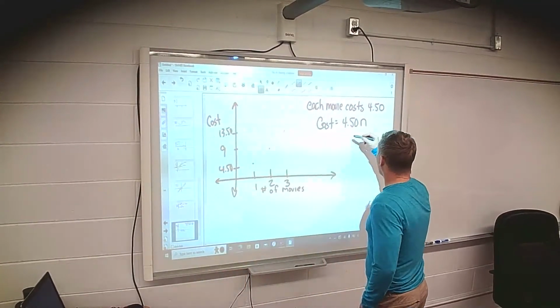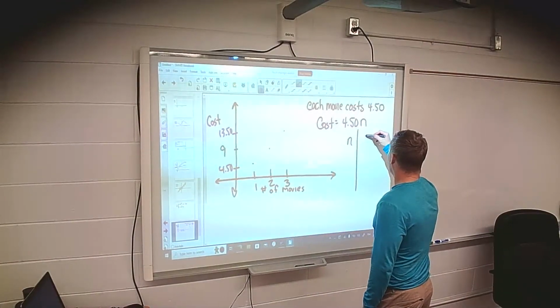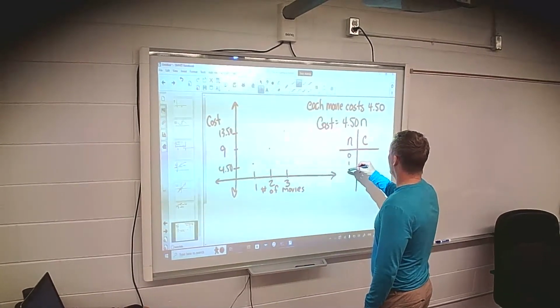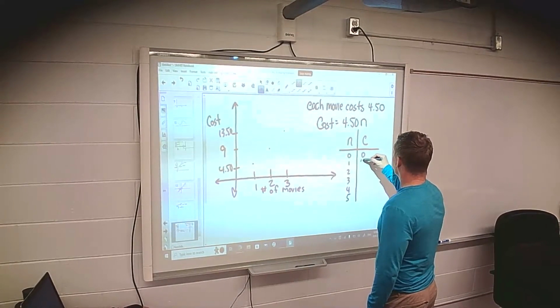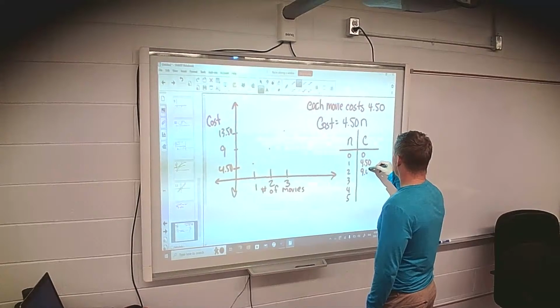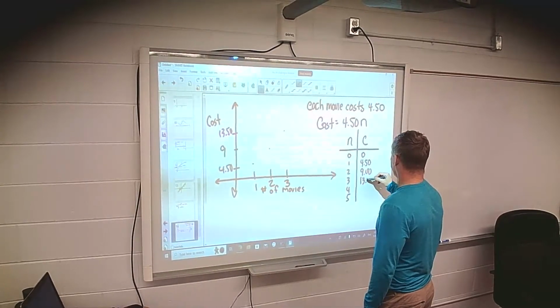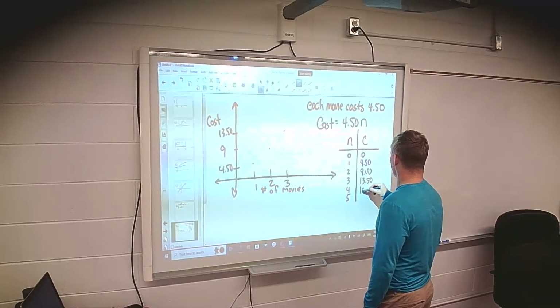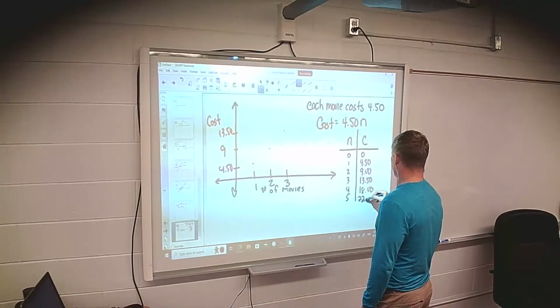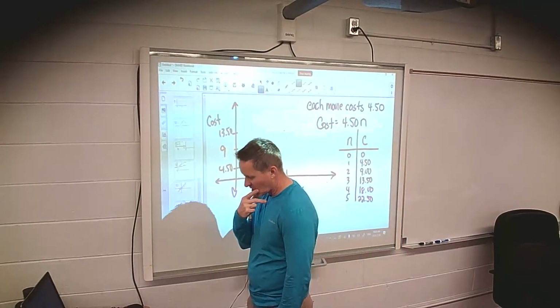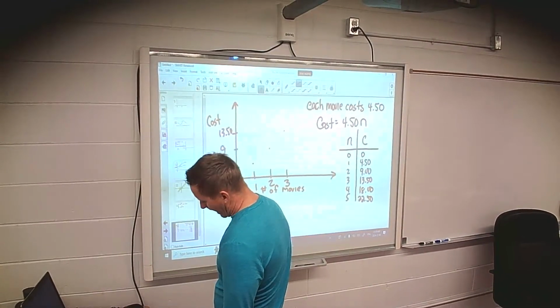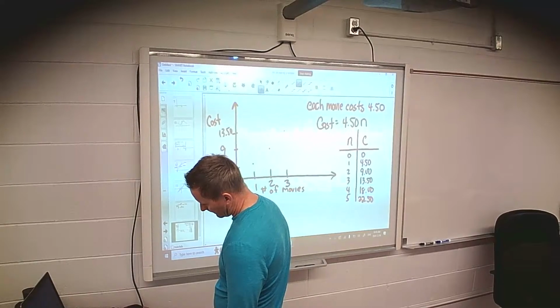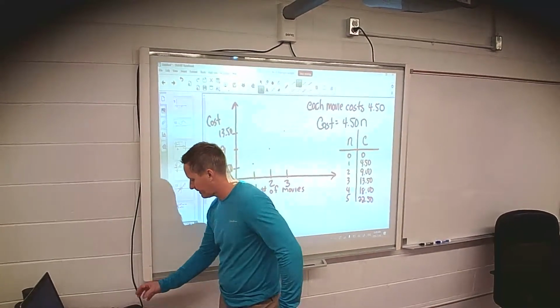Then to make a table of values, enter your independent values, 0, 1, 2, 3, 4, and 5. There you have it. There's your table of values, that's E. Make a graph, I did that already. That should take care of that one.